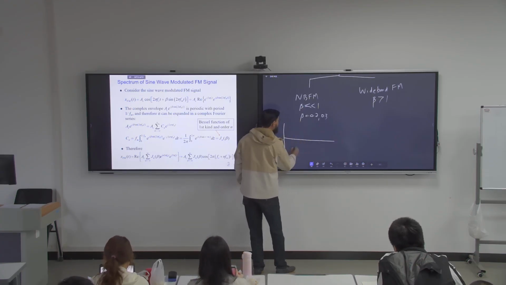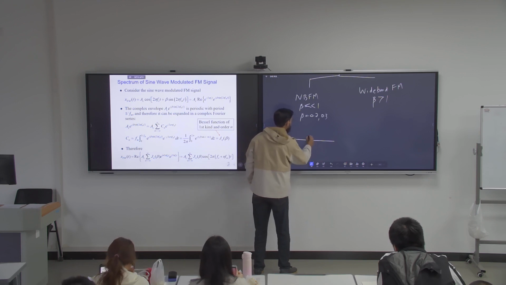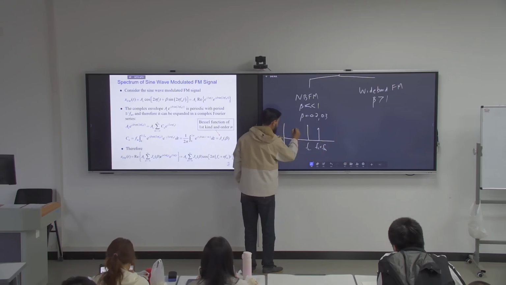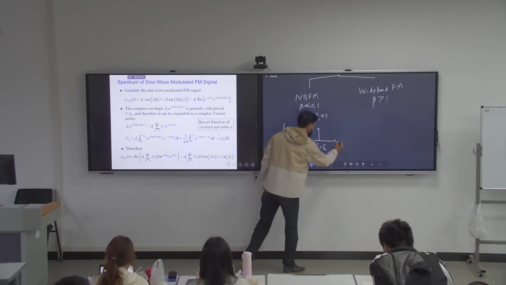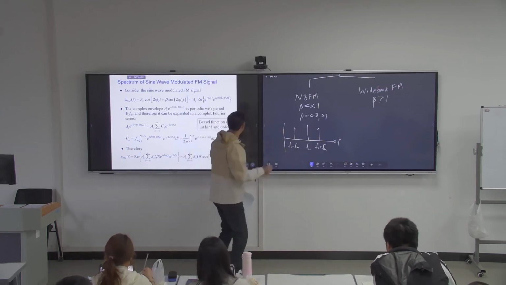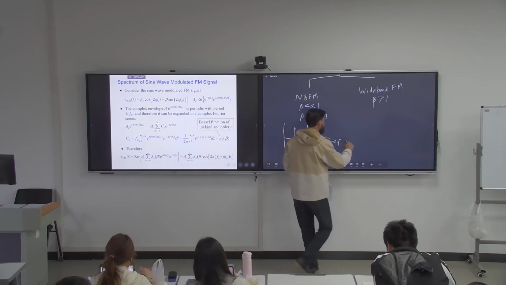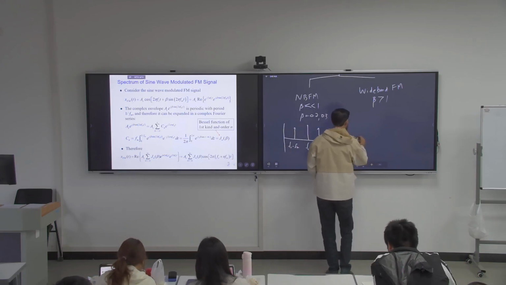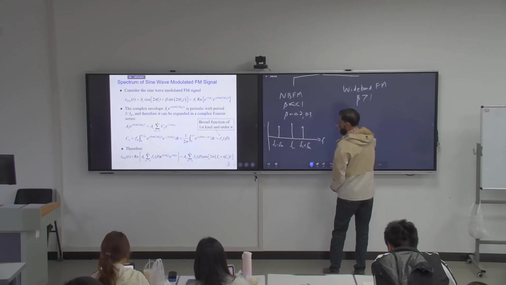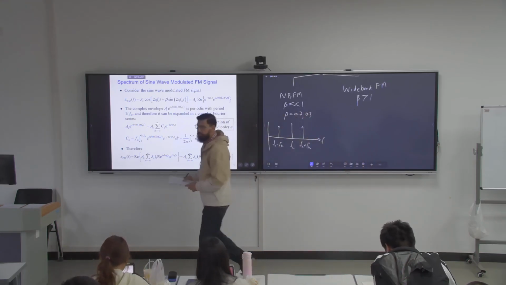If this is f_c, then this is f_c plus f_m, and this is f_c minus f_m. This is the spectrum. Now I want to draw the spectrum of this wideband signal. What would it be? Any idea?